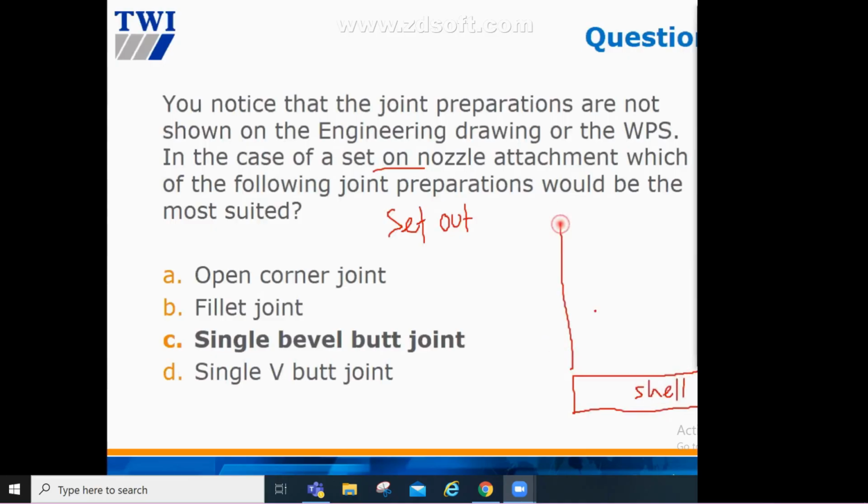And then it has bevel for the nozzle. All right, so that is, again, which of the following joint preparation would be the most suited? So the answer goes to C, single bevel butt joint. But remember, this is on the nozzle. Yeah, all right. Question 3.